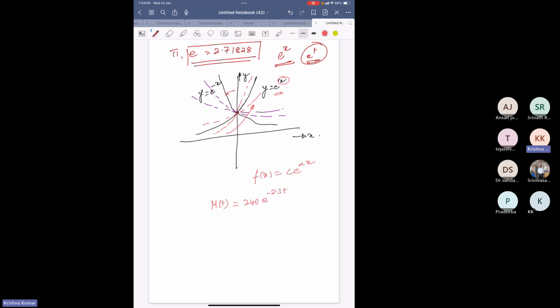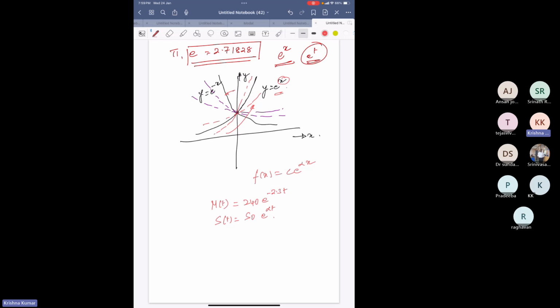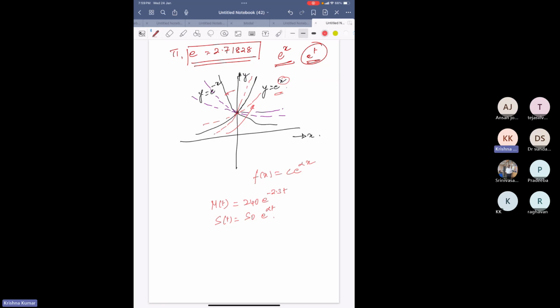So this is a typical equation for drug presence with respect to time. In pharma, they write this as S of t is equal to S naught, which is the initial dosage, into e power alpha t. This is how the equations are written.